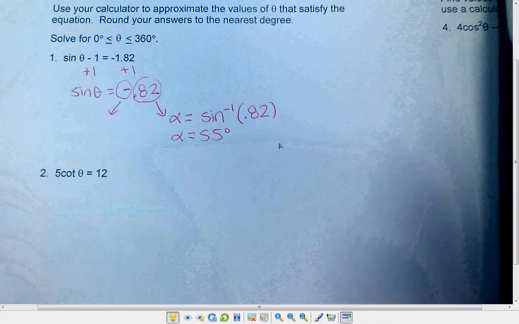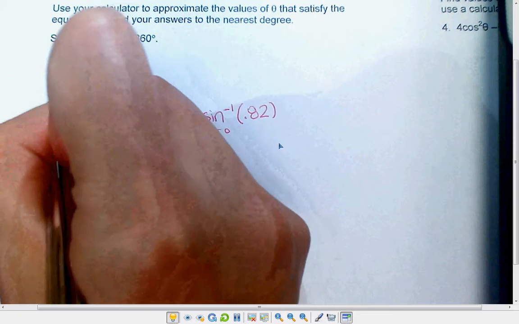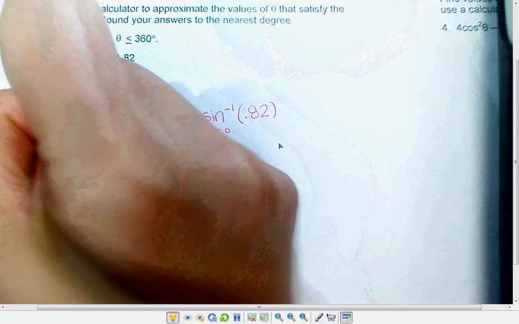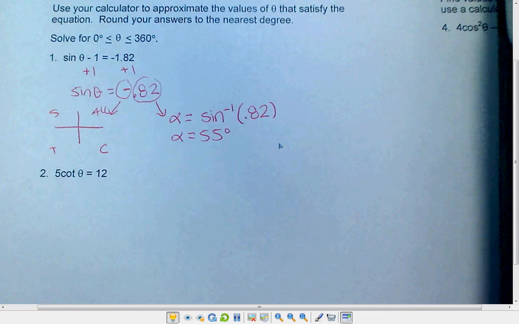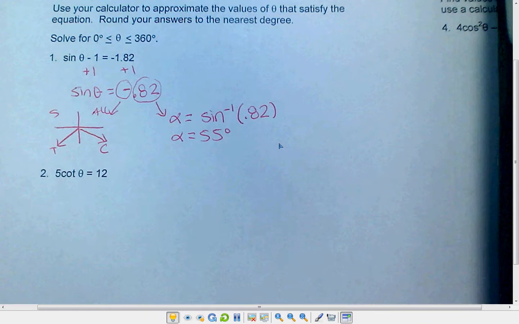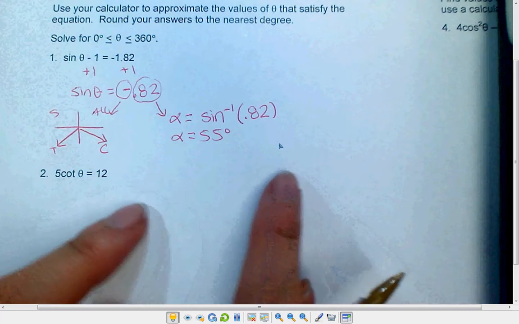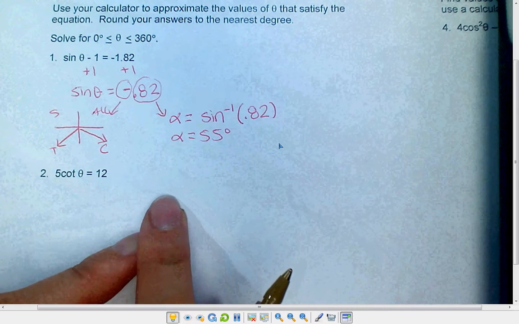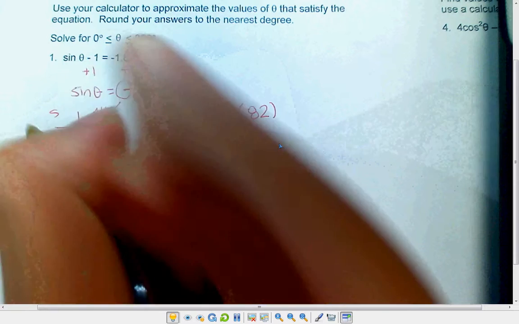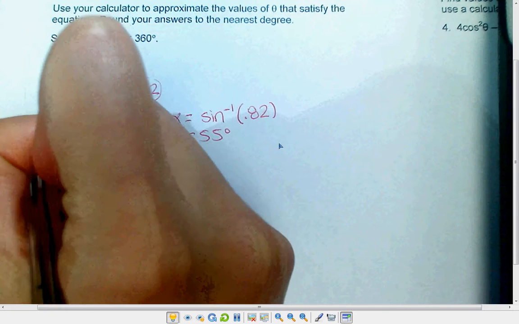Now the second part of this problem is using the negative sign. So we want sine to be negative. So, all students take classes. Sine is going to be negative in the third and the fourth quadrant. And just like what we did yesterday, we're now going to put these together to find our two different answers. In this third quadrant right here, we know that we're going to be starting with 180 degrees.